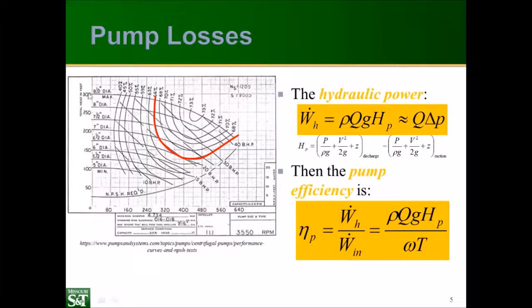So if we look at this 8.5 diameter line, you can see there's different efficiencies, and the efficiency climbs until you reach the design point for the pump, where the efficiency is around 73.5%. And then as you get further and further, you start to lose efficiency again because you're moving away from the design point. And that has to do with things like inlet shocks and friction losses and so on.